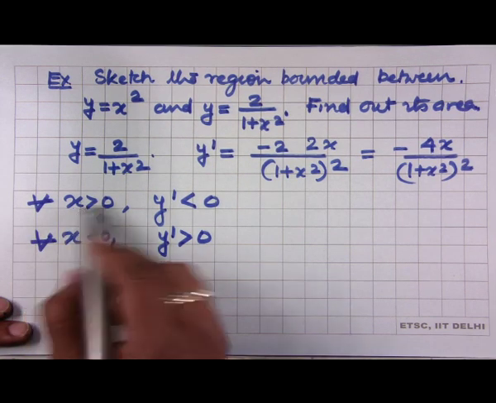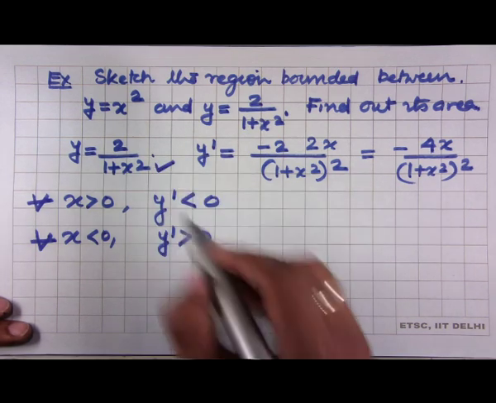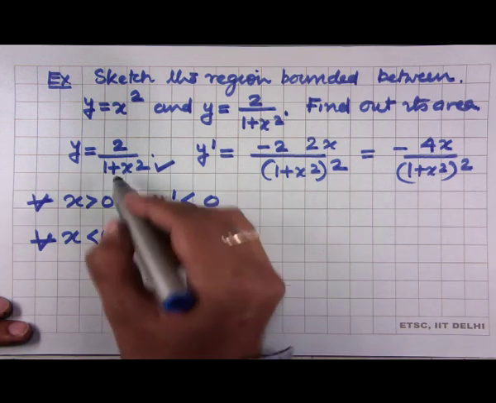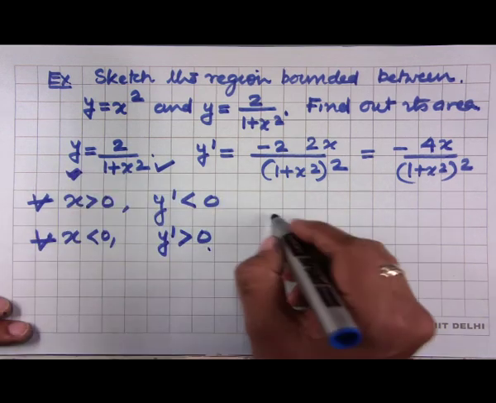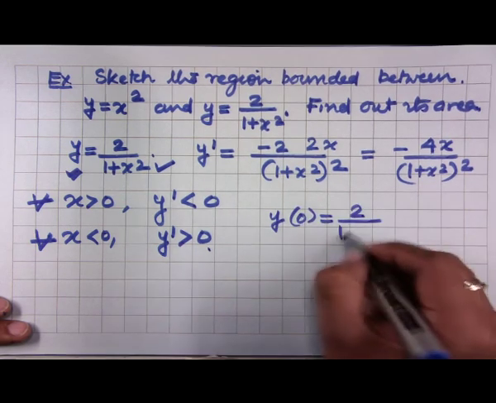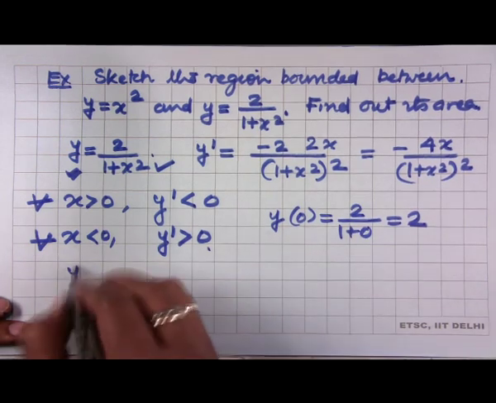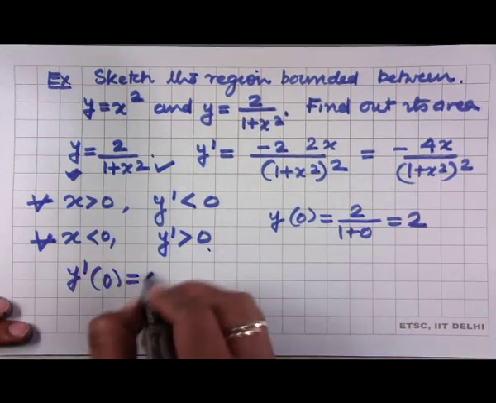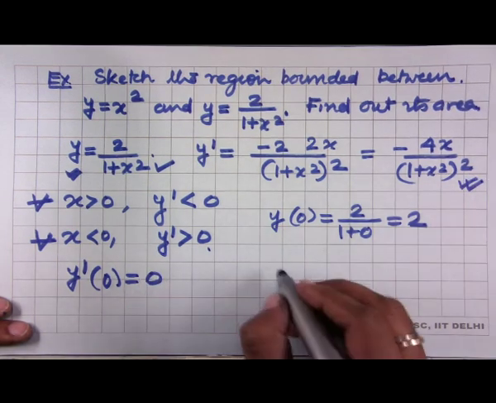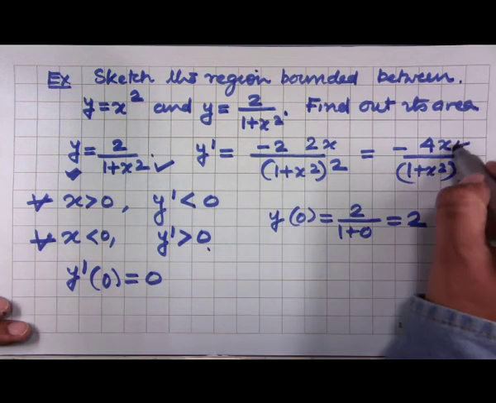So, when x is positive, y dash is less than 0, so this is decreasing. When x is negative, y dash is positive, so this curve is increasing. At 0, the function value is 2 upon 1 plus 0, so 2. And y prime at 0 is 0, which is clear from here. So, y prime, if you put 0, you will get 0 from here.